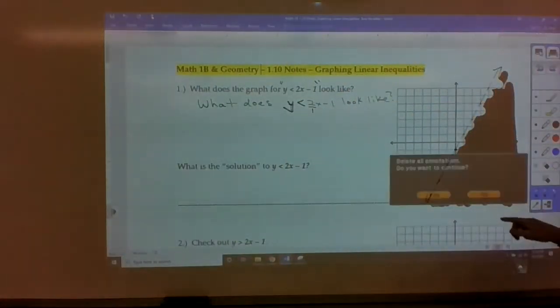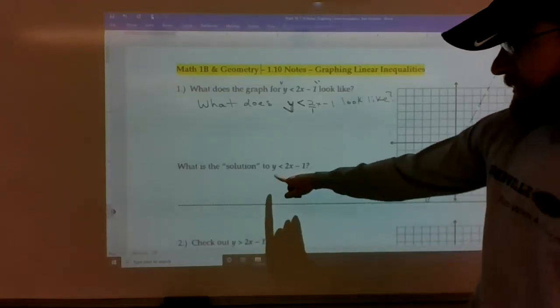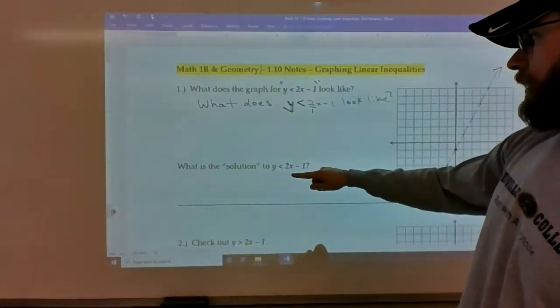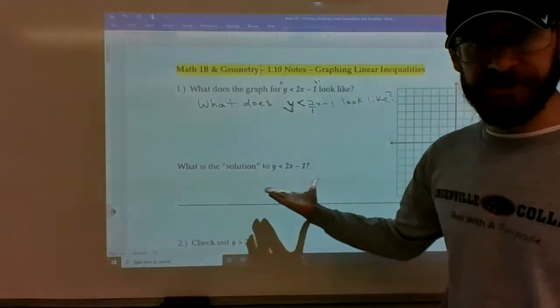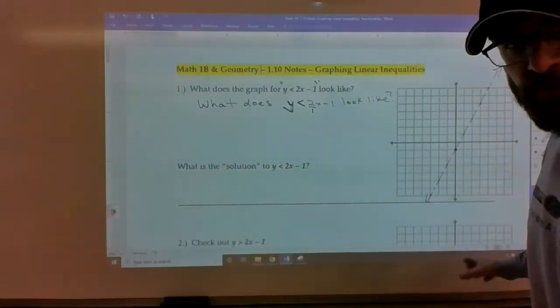Okay, that was the solution. I just explained it. The solution was the shaded region down there.